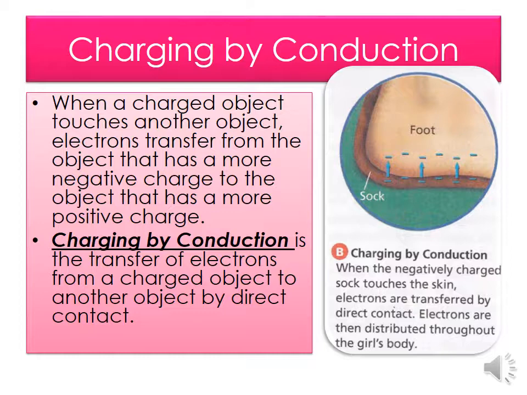Because her sock had all those negative charges from friction, it gathered up all those electrons, and her sock became negatively charged. Now her sock is in direct contact with her foot. So those extra electrons are now moving from her sock to her foot by conduction, or direct contact.